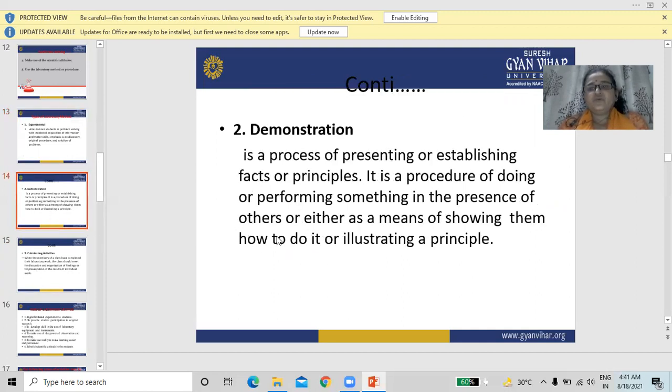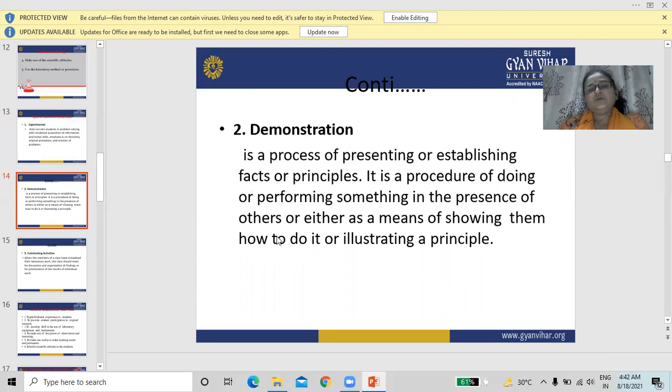Next type of laboratory method is demonstration. Demonstration is a process of presenting or establishing a fact or principle.